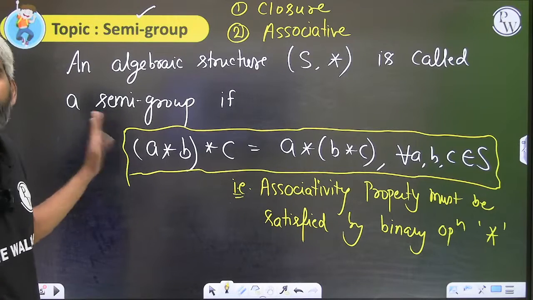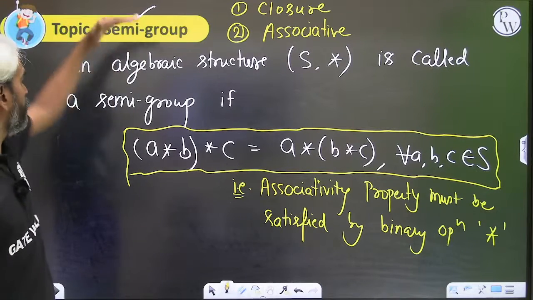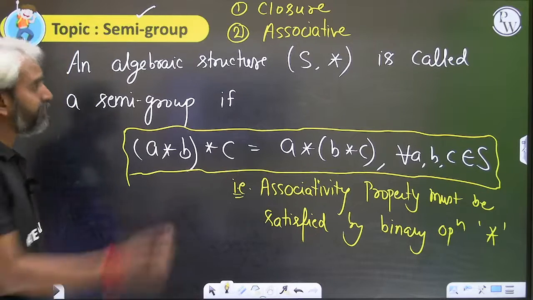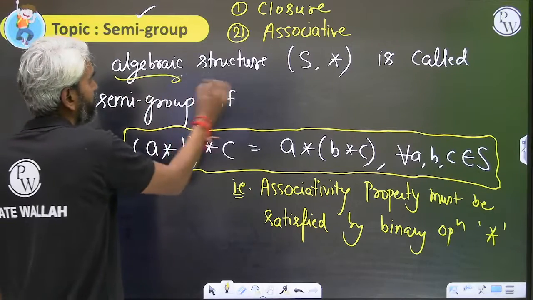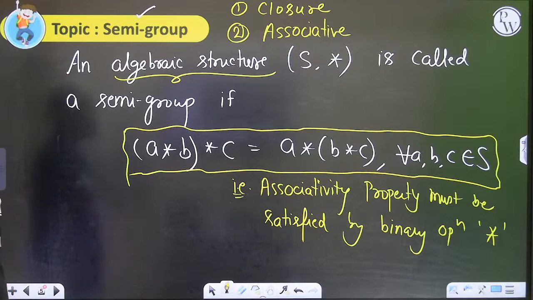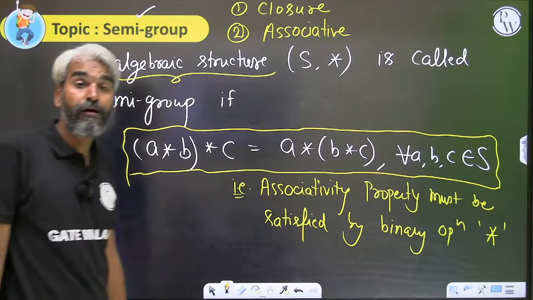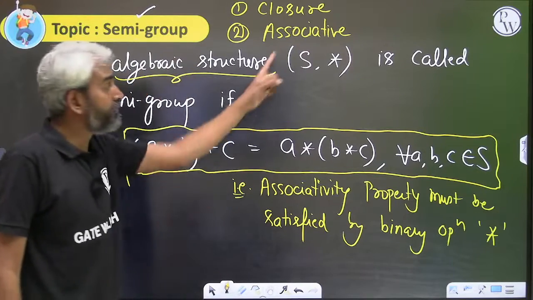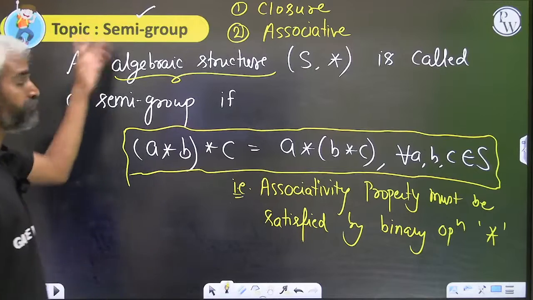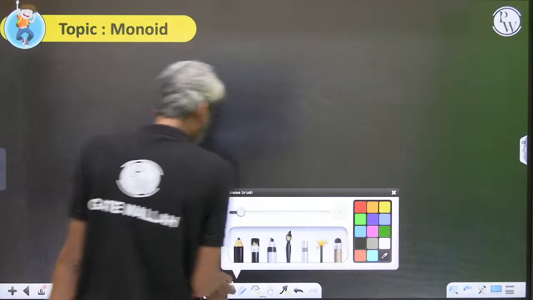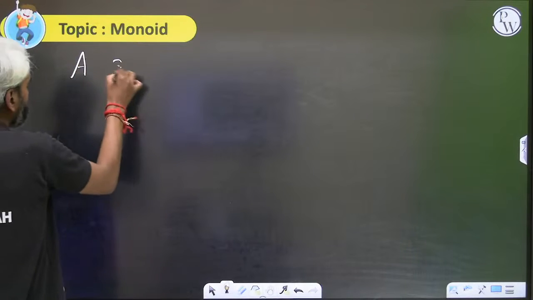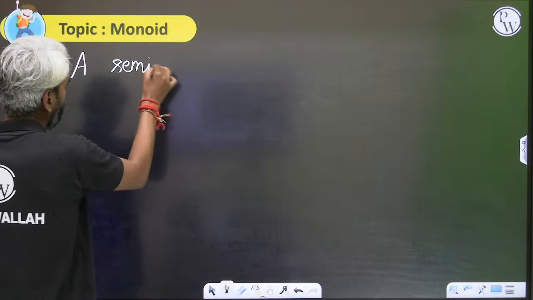Next one is monoid. Just like before becoming a semigroup, the set with respect to binary operation asterisk must be closed, that is, it should be an algebraic structure, similarly, before becoming a monoid, your set with respect to binary operation asterisk must be a semigroup. So the definition will start like this. A semigroup, so first of all, it should be a semigroup.